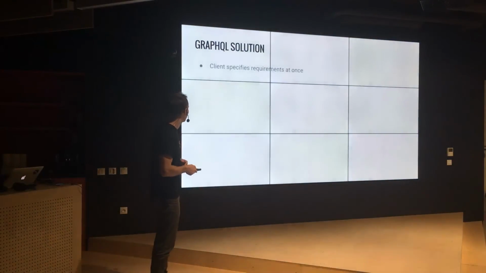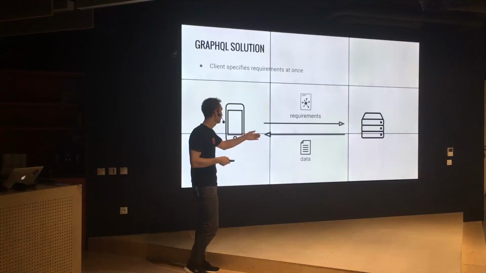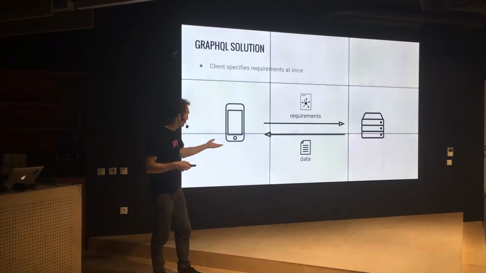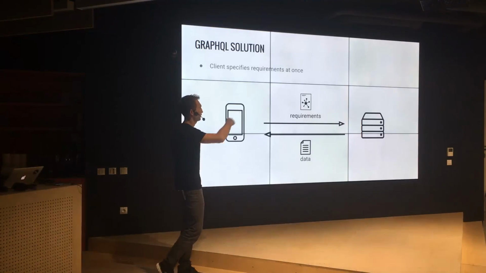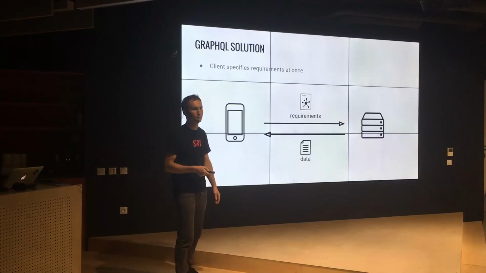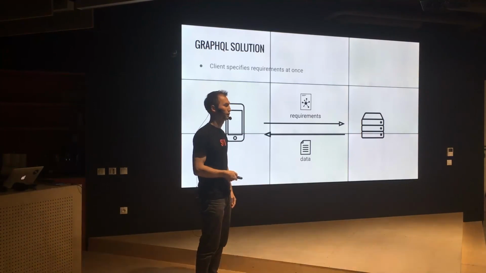So the solution is easy. You define the GraphQL query, you send all the requirements to the server, and then the server responds with data. For one page you would have one round trip, because you can request lots of data in a single round trip.